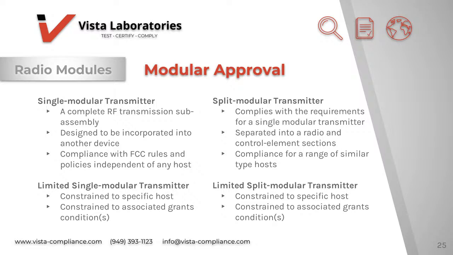Limited singular modular transmitter, constrained to specific hosts and constrained to associated grant conditions. Split modular transmitter, complies with the requirements for a singular modular transmitter, separated into a radio and controlled element section, with compliance for a range of similar type hosts.